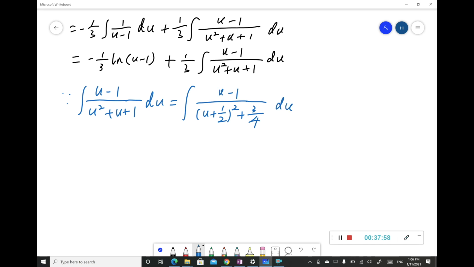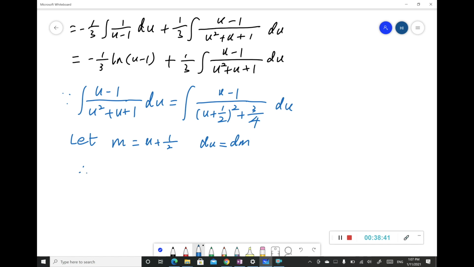And here we could continue to do the substitution, and use m equal u plus 1 divided by 2. So du will be equal dm.